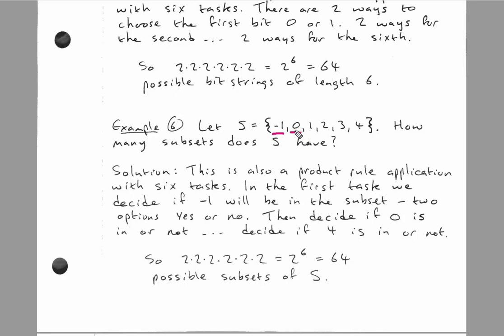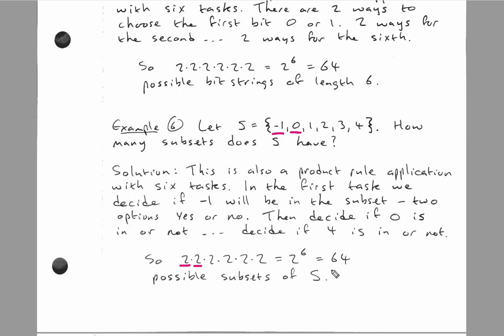Do we include 0 in our subset? That's another 2 options. For each of these 6 elements, we have two choices. So again, it's 2 to the power of 6.